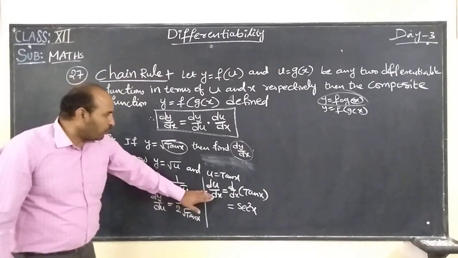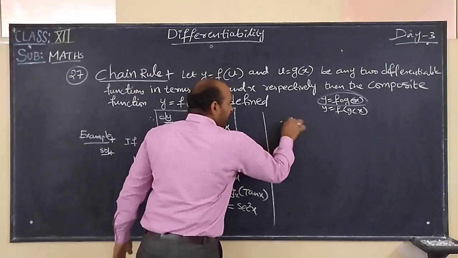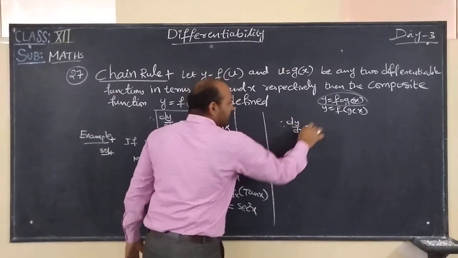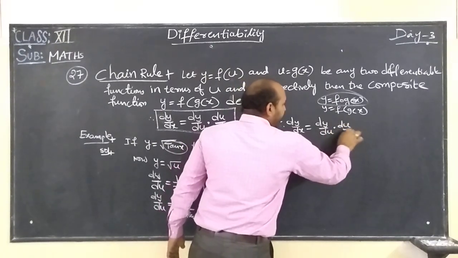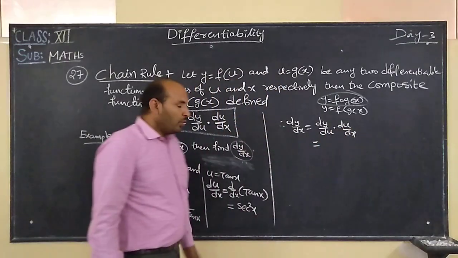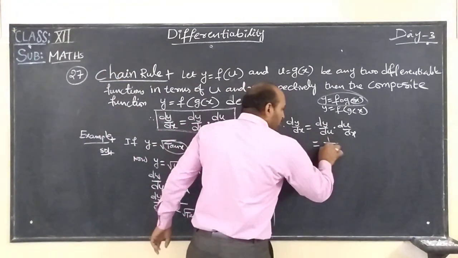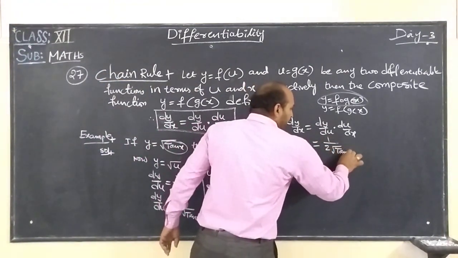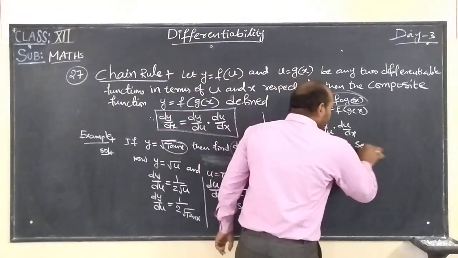Now substitute these two values in this formula. Therefore, dy by dx is equal to dy by du into du by dx, which is equal to dy by du value 1 by 2 root tan x into du by dx value secant square x.